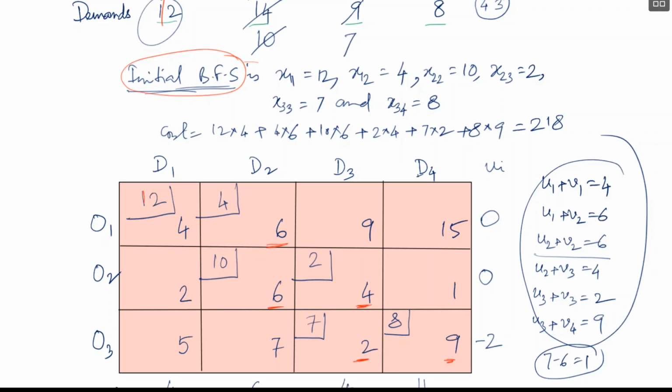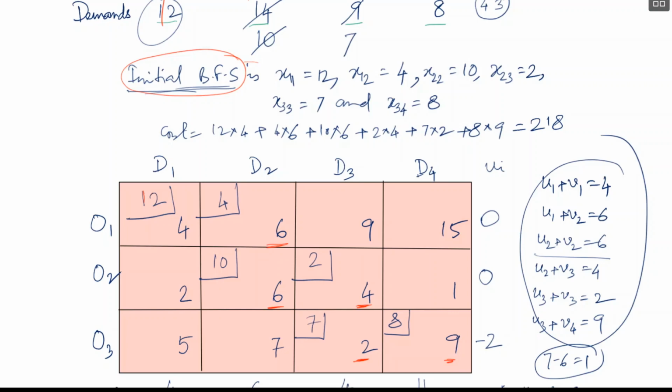And now for the unoccupied cells we evaluate delta ij's by considering the relation Zj minus Cj, that is Ui plus Vj minus Cij for the unoccupied cells.